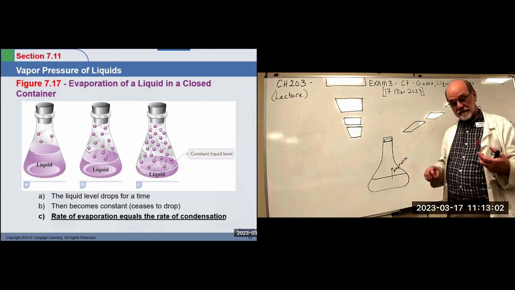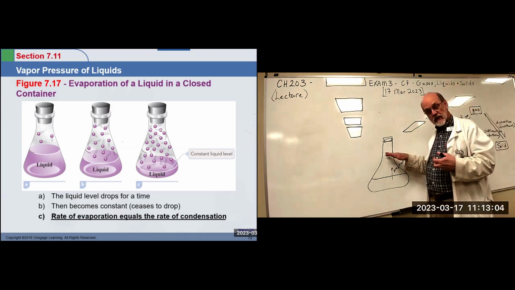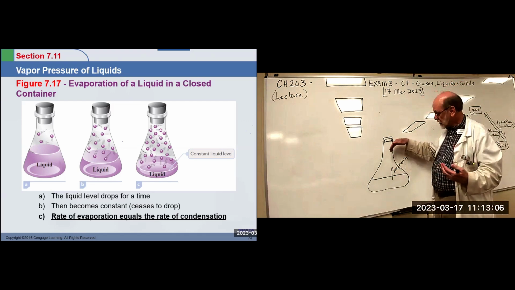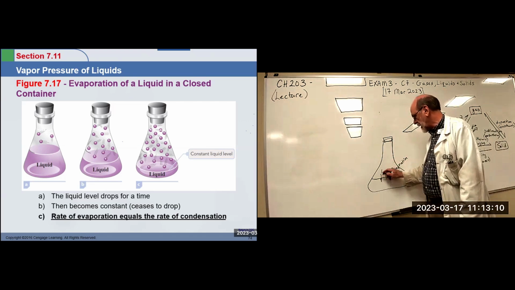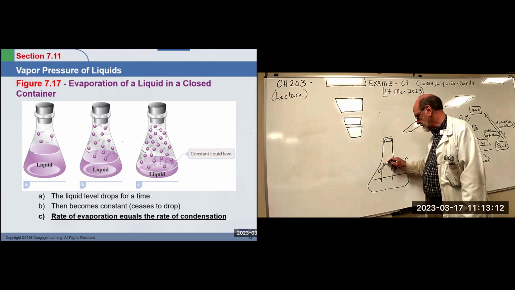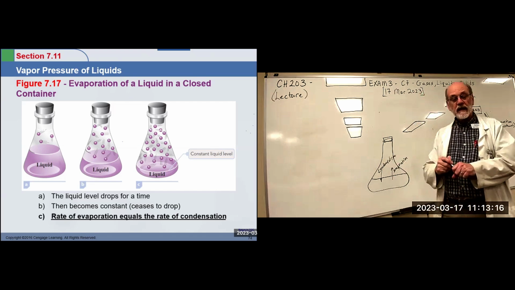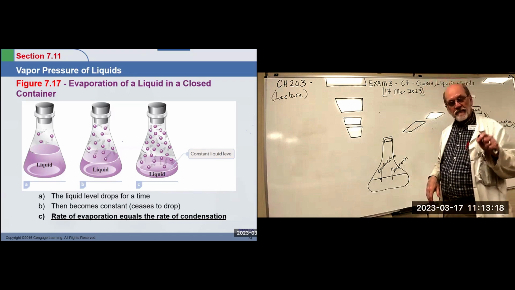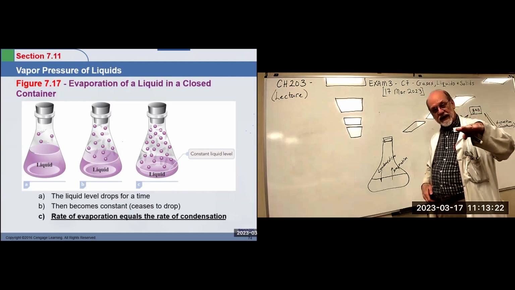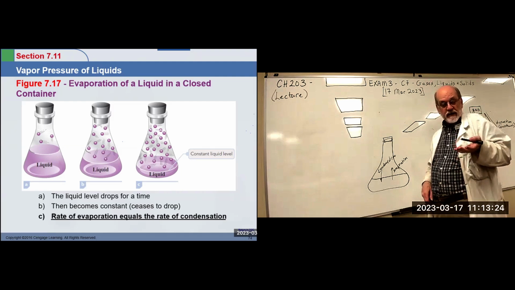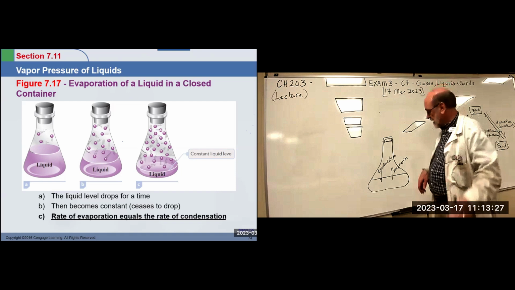Now, at some point, you get enough of these up here with sufficient pressure so that they start returning. So you get condensation. Okay, so at some point, and you notice that in this diagram, the liquid level is dropping as we get more and more of that liquid into the vapor phase.